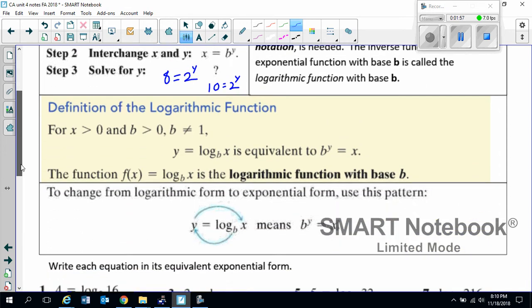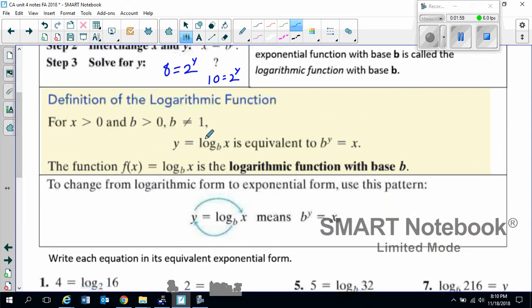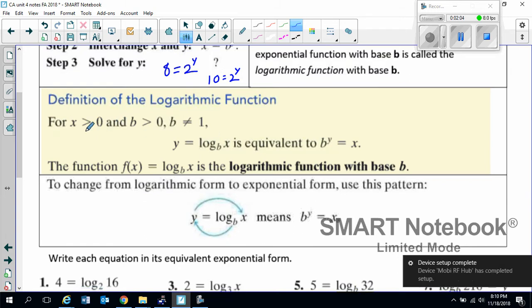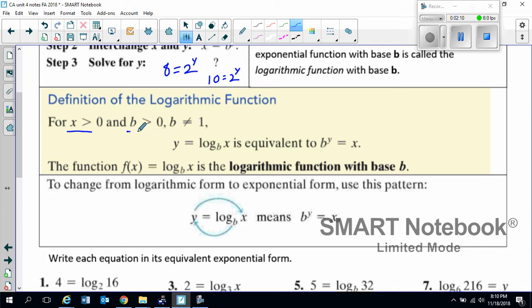So the definition of a logarithmic function, these are the two pieces that need to hold. Our x value needs to be greater than 0, and the base needs to be greater than 0, but also it can't equal 1. So y equals log base b of x, and what this converts into in exponent form is b to the power of y equals x.